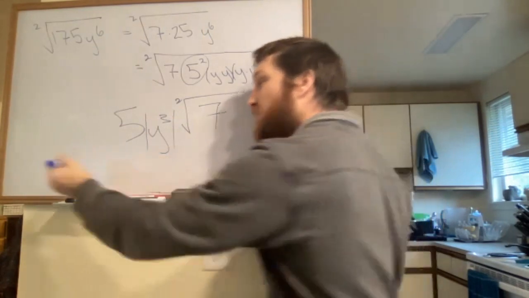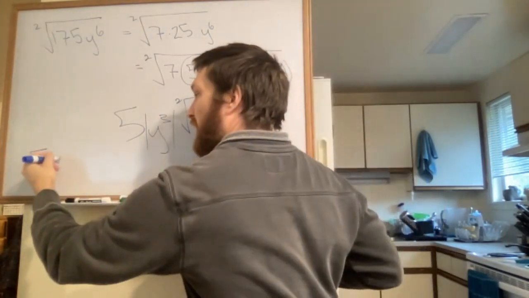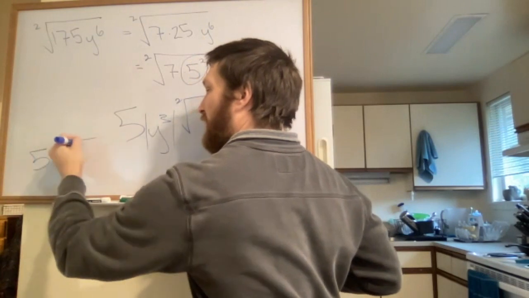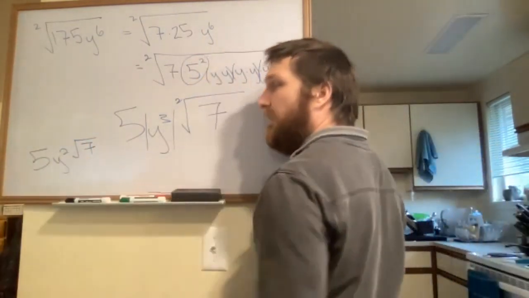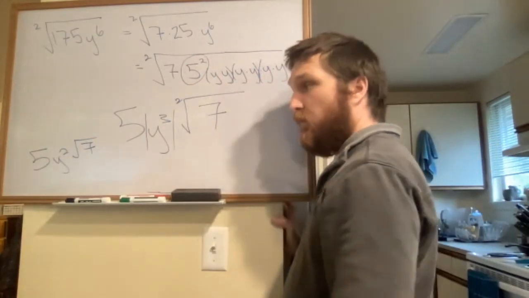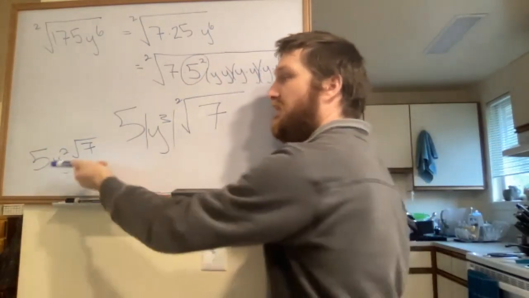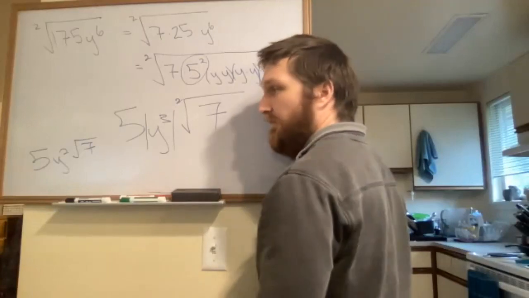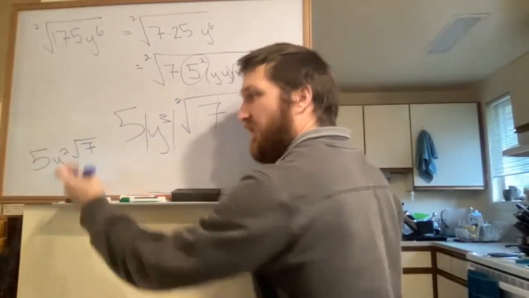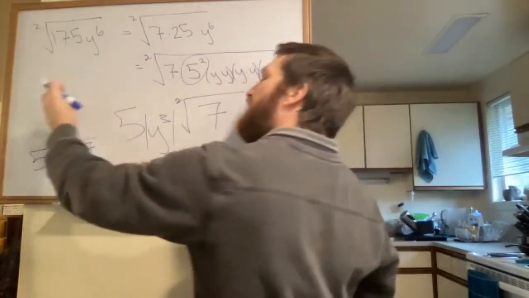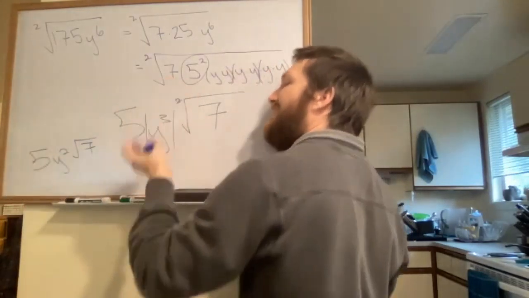If it happened to be, we get to the end with something like this. If it happened to be y squared, we wouldn't have to worry about an absolute value because something squared is always positive. So feel free to leave it like that if an even power comes out of an even root.